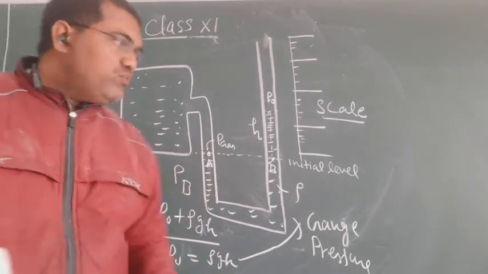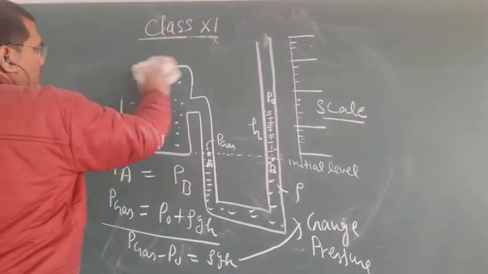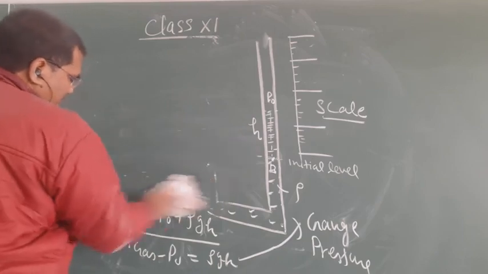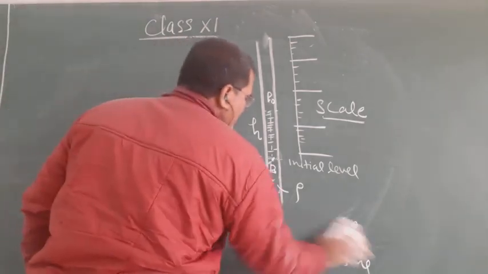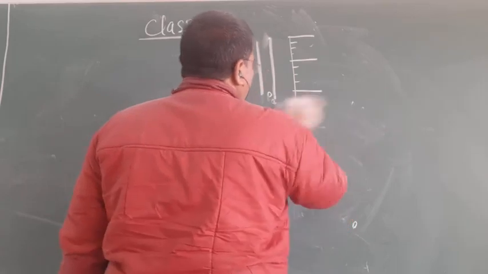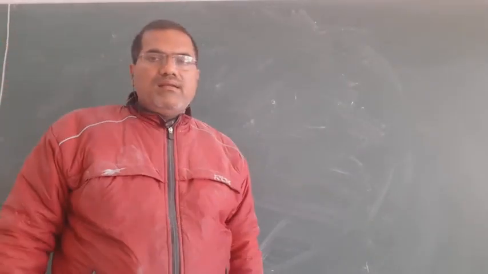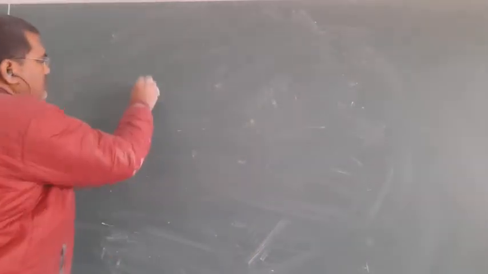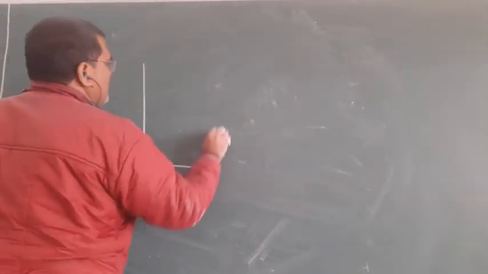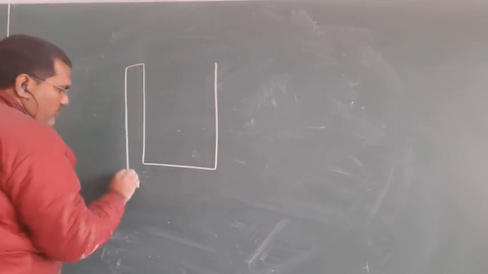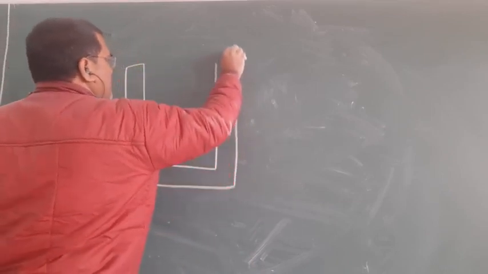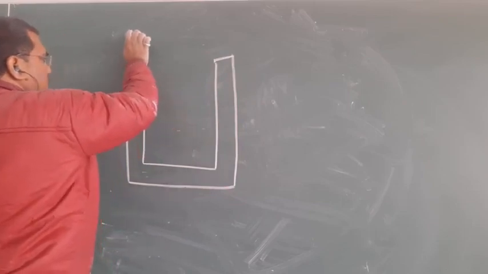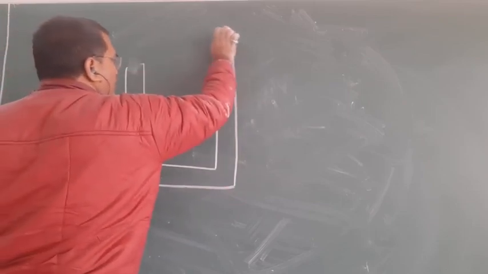So I am going to rub the equation right now. Let's do some numericals. So this is the U tube, an open U tube you can say.